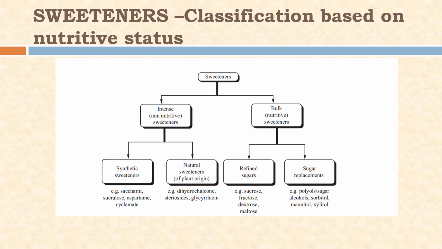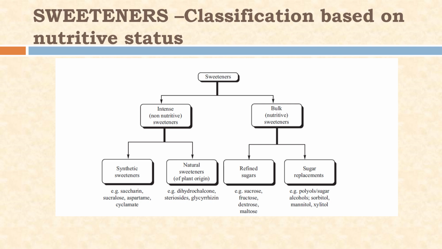So intense sweeteners are nothing but those which are non-nutritive sweeteners, and bulk sweeteners are those which are nutritive sweeteners. So intense sweeteners are further classified into synthetic sweeteners and natural sweeteners, whereas the bulk sweeteners are further classified into refined sugars and sugar replacements. So this is the basic classification based on the nutritive status.